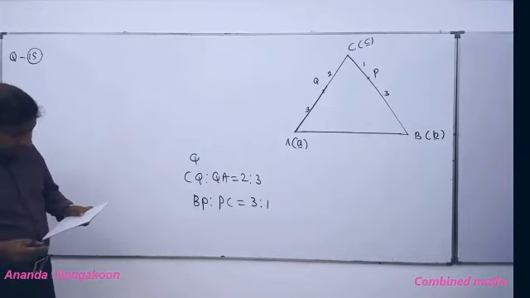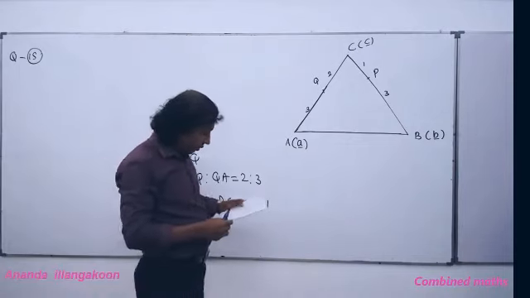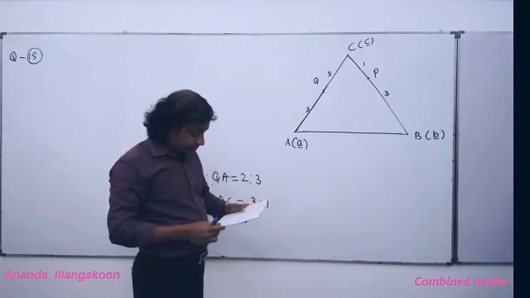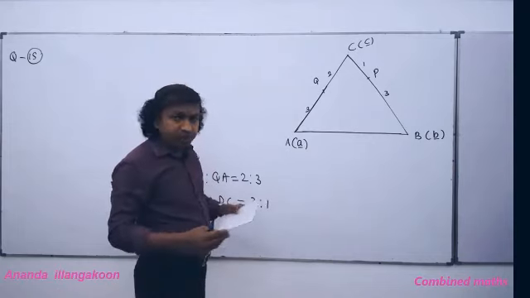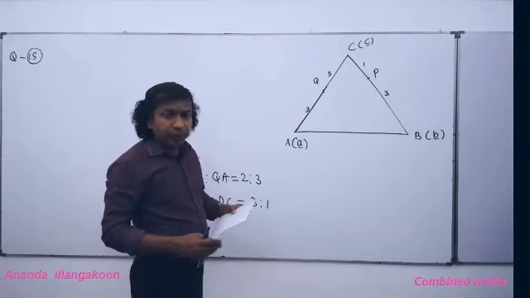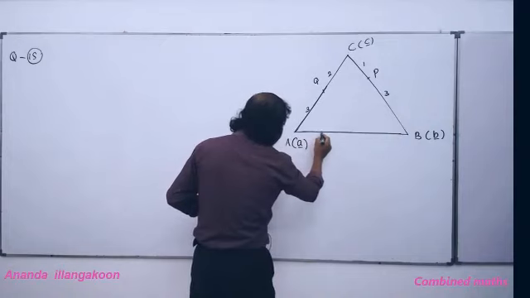And R is on BA produced. Capital R is on BA produced. BA produced means what, people? BA produced means we have to extend this line BA.